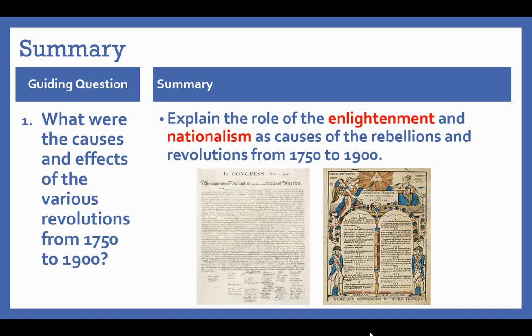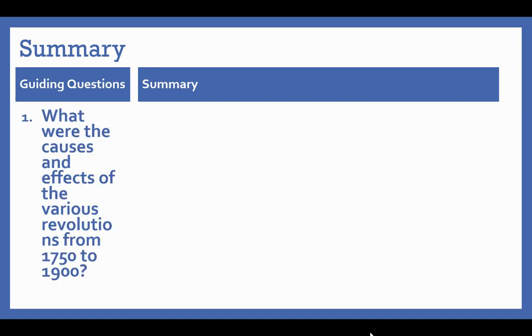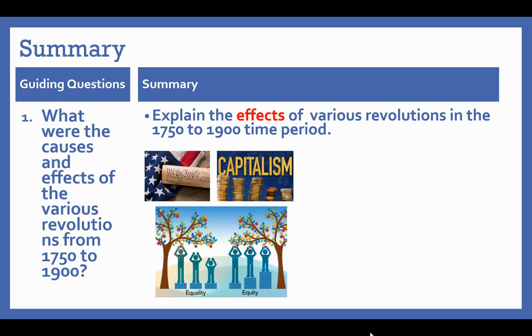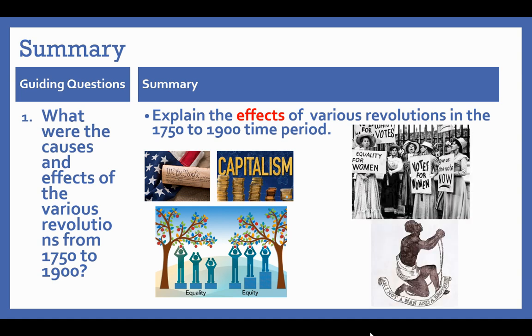Both essentially had documents that were designed to promote individualism, people's rights, and self-determination. And both eventually adopted an enlightened government, though for the French, it took some time. The other thing that neither of these governments really did was provide for feminism or provide for the end of slavery.